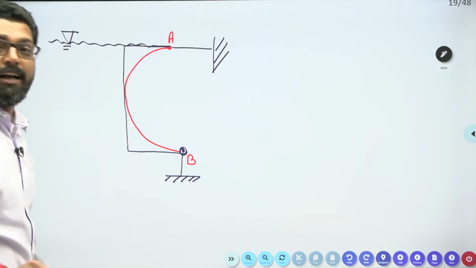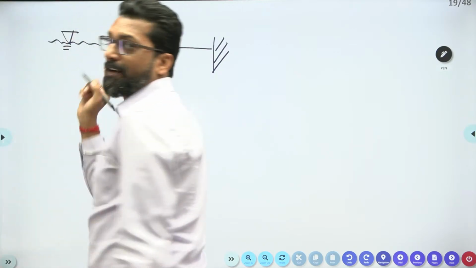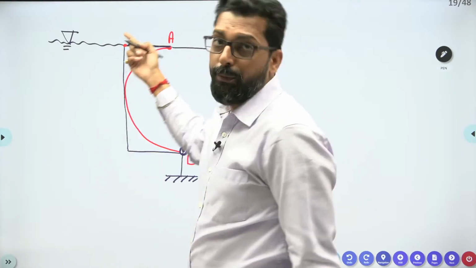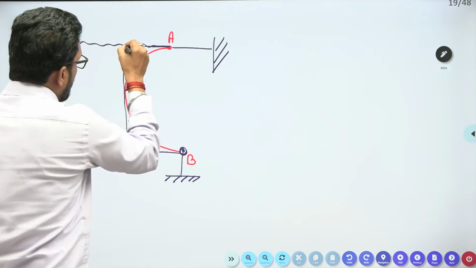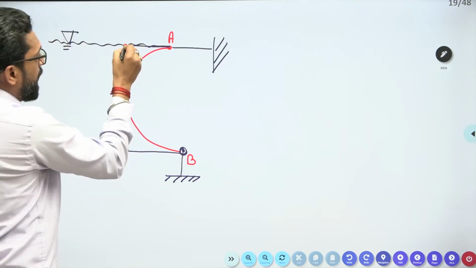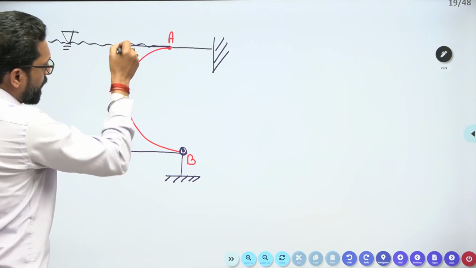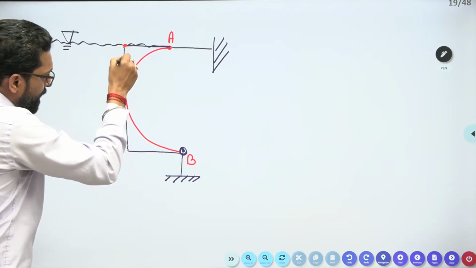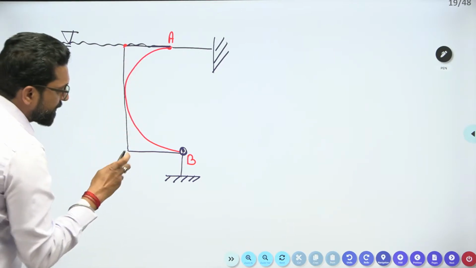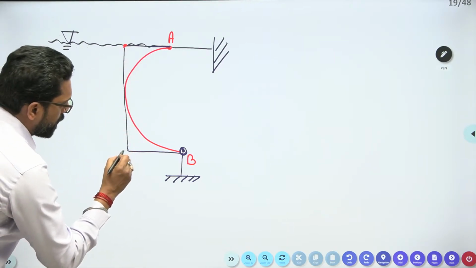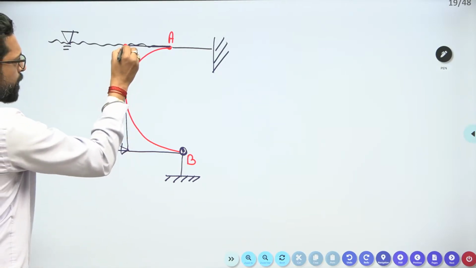On this vertical projection there must be a pressure variation. If you take atmospheric pressure it ultimately cancels out, so we take gauge pressure. At the surface the pressure is 0, and as we go inside the fluid the pressure intensity increases, maximum at this point.